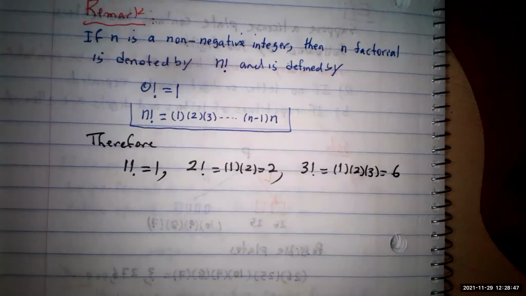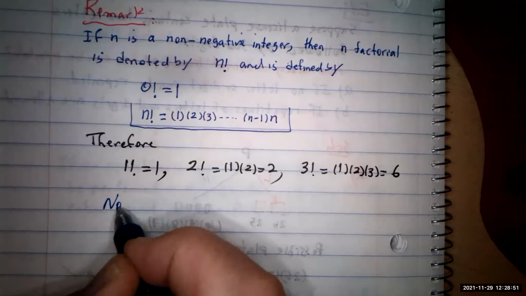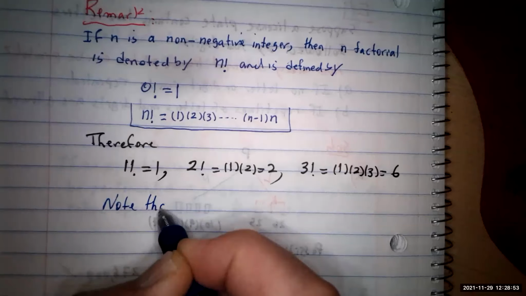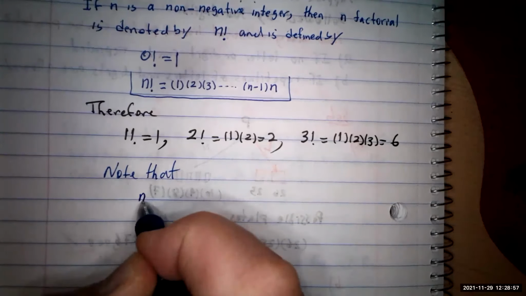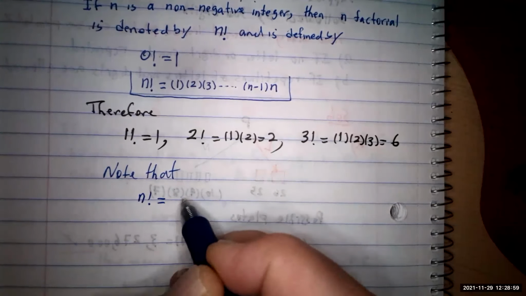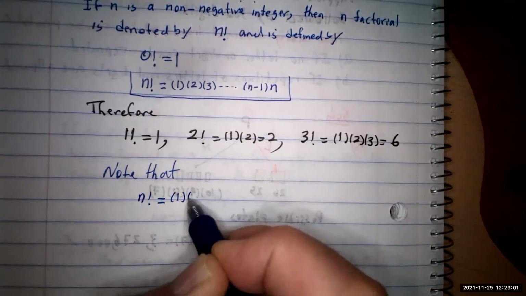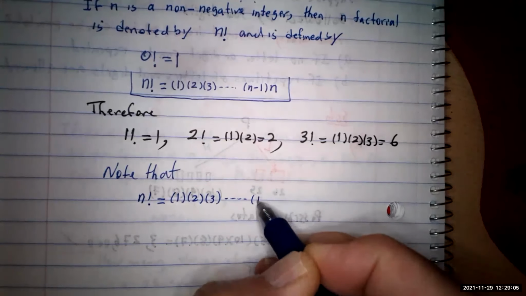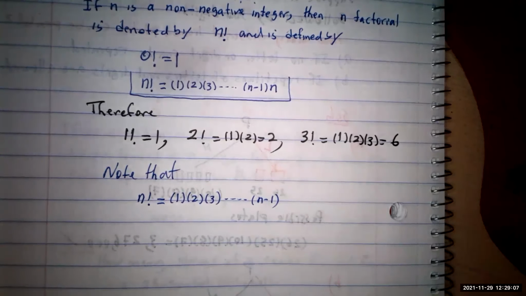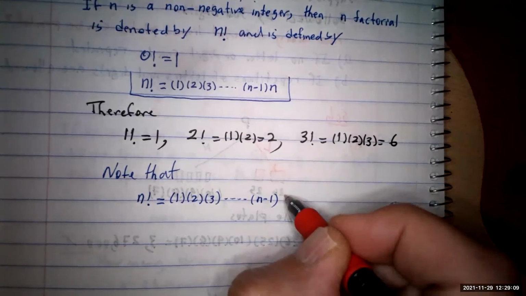But the observation that we need to remember is this one. Note that if you give me n factorial, I can shrink it when I write it down. It's 1, 2, 3, up to n minus 1, then times n.